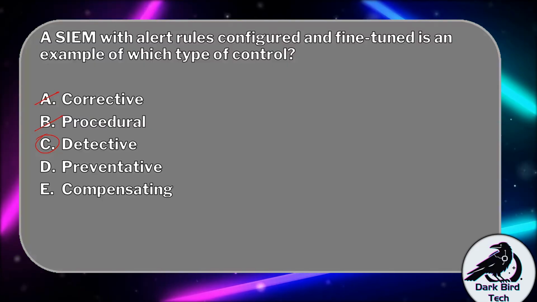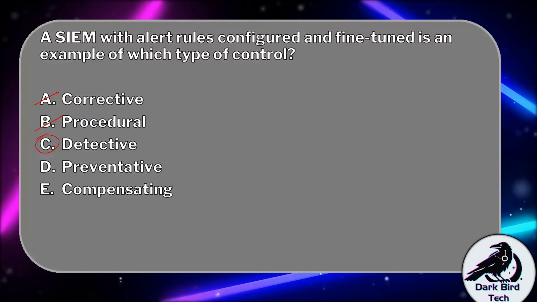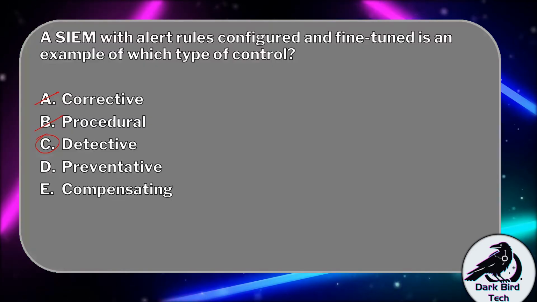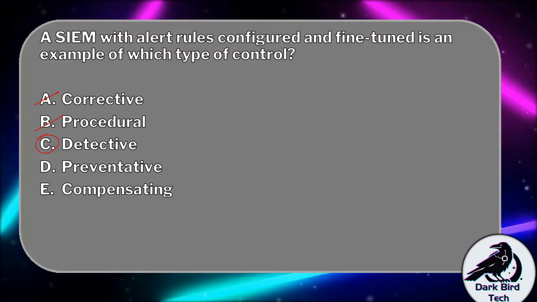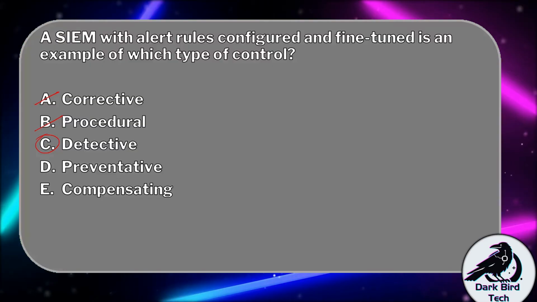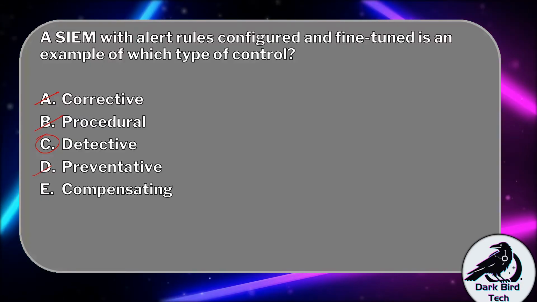Preventative, a SIEM's not going to stop the attack. A firewall stops the attack. Changing bad default settings, that stops the attack. But not a SIEM. It's an alerting thing. You could argue that a SIEM does compensate. It does make up for when a preventative control fails.